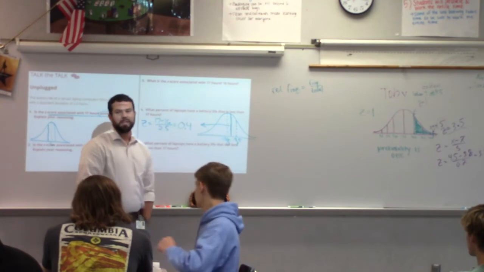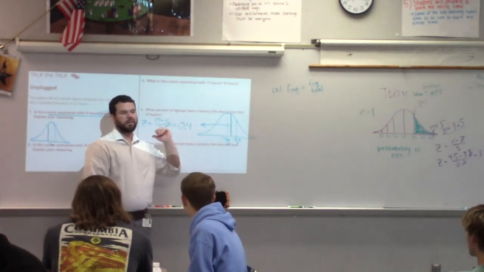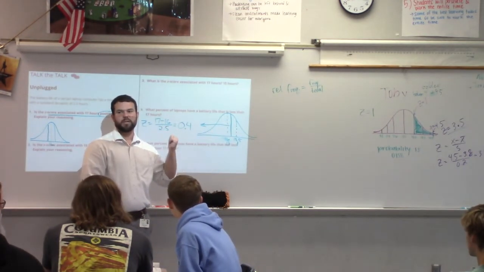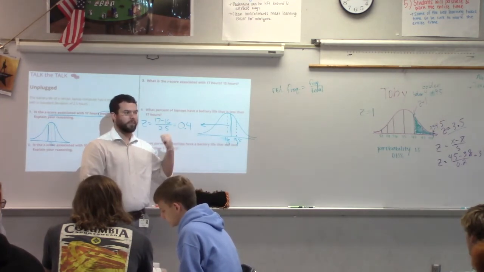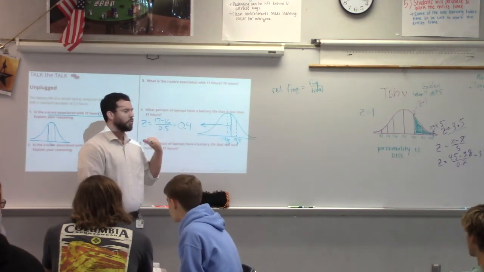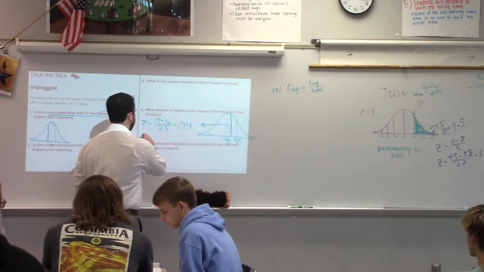But I will also point this out. Anytime I'm looking for area to the left, isn't the table literally designed for that? Yes. So this would be a good time to use the table, because I'm looking for the area to the left of z of 0.4. What was the area to the left?